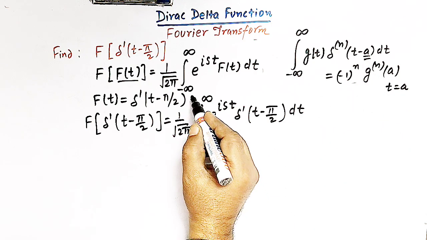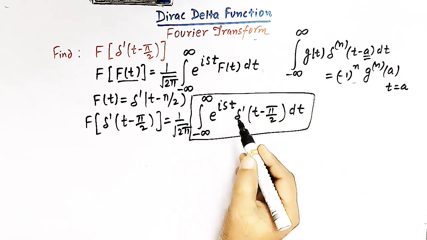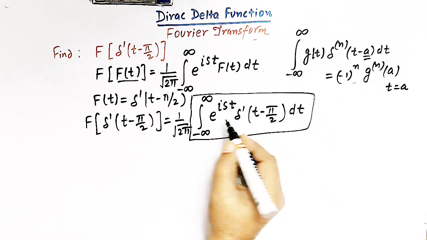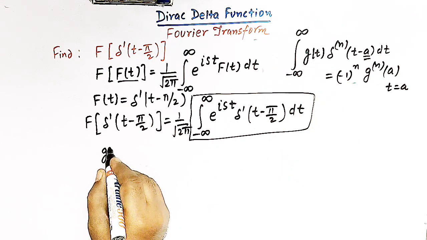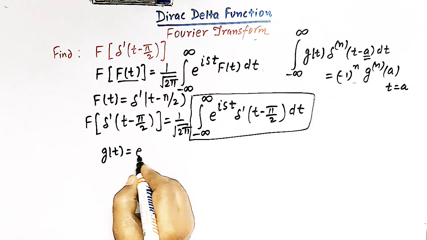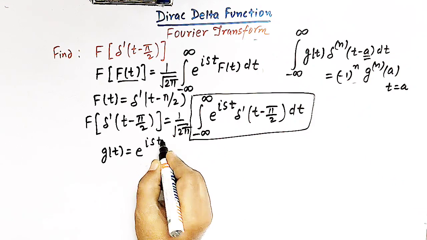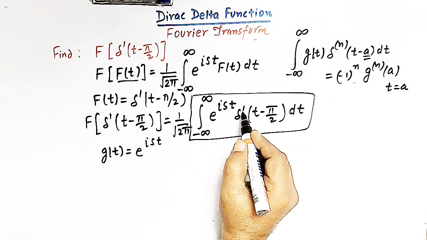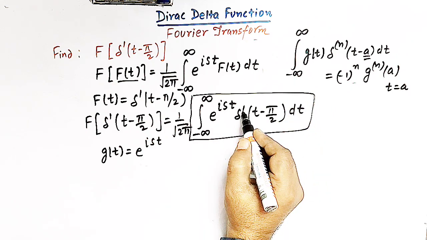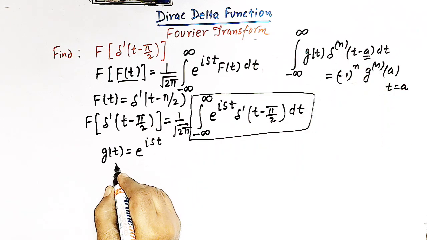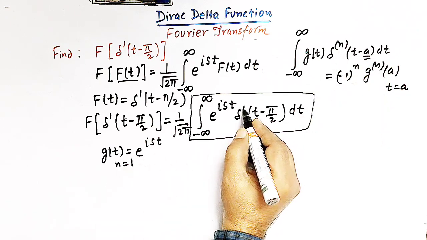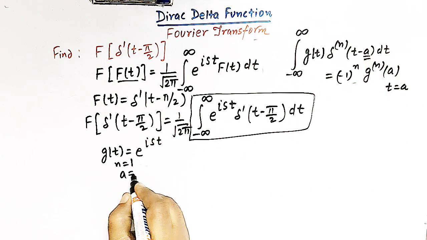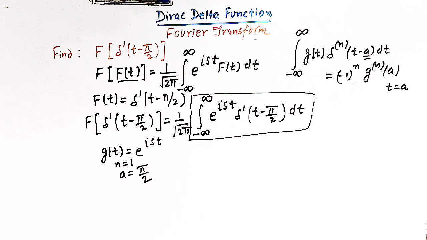Let us take this integral. If we compare this integral with the property, then our function g of t is e raised to i s t. Here we have delta prime, so the first derivative of the delta function is involved, and the value of n should be equal to 1, and the value of a is pi by 2.